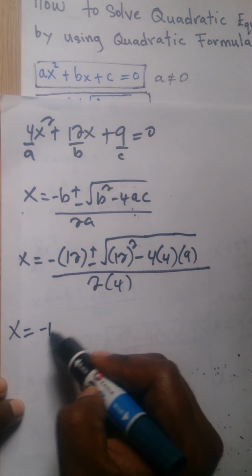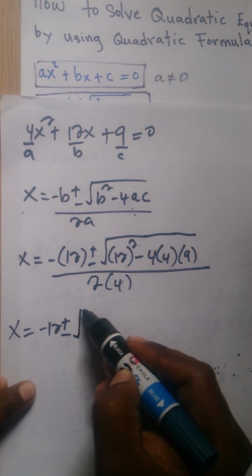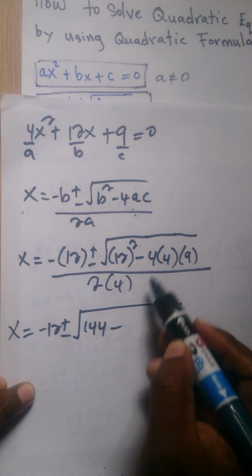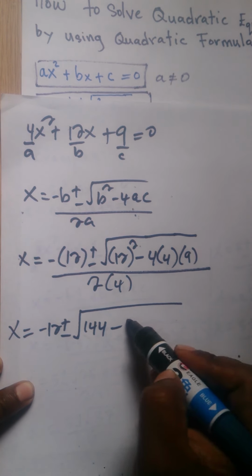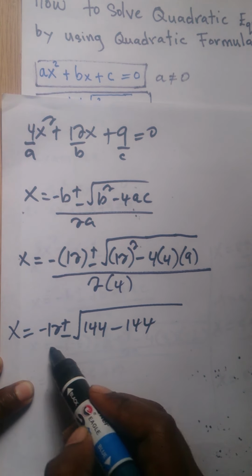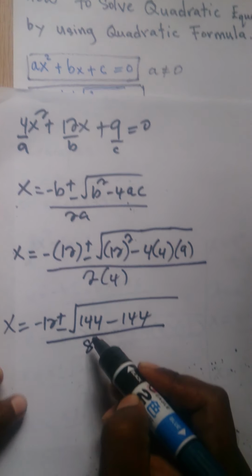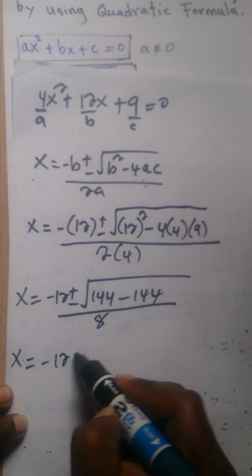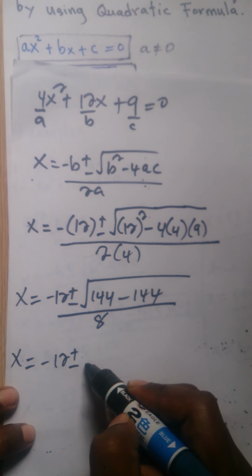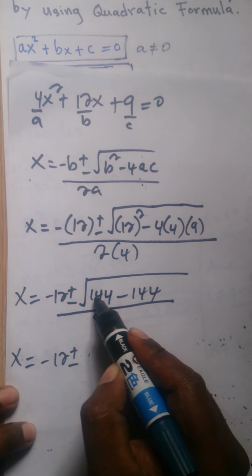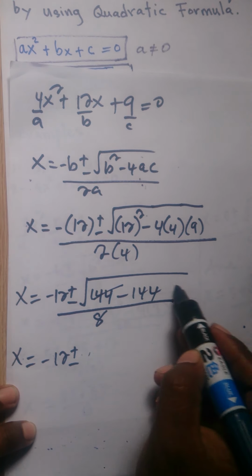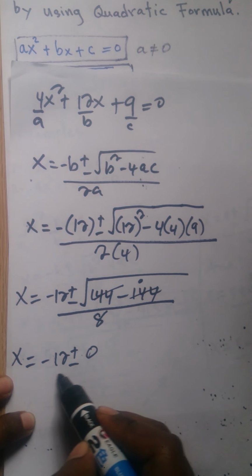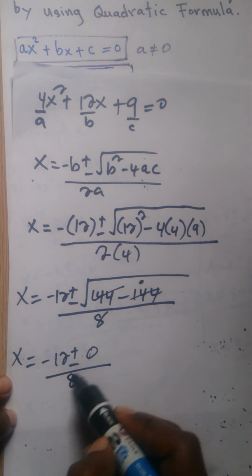So we have negative 12 plus or minus the square root of 12 squared, which is 144, minus 4 times 4, which is 16, and 16 times 9 is 144 also, all over 8. So x equals minus 12 plus or minus the square root of 0, and the square root of 0 is 0, all over 8.